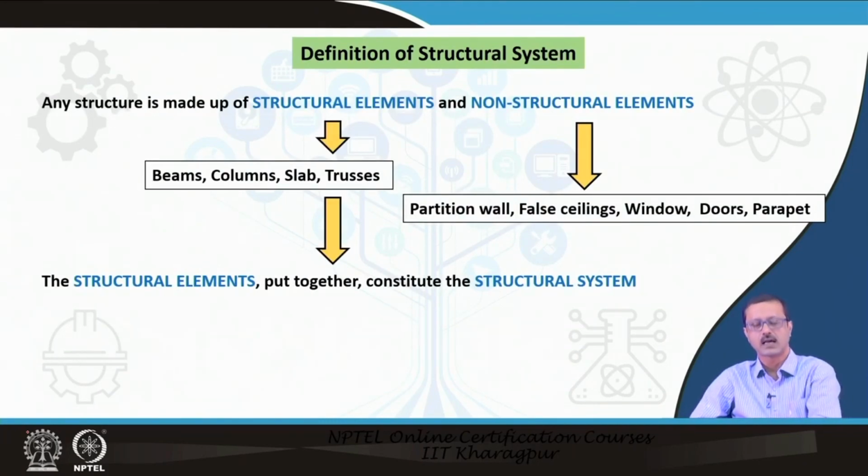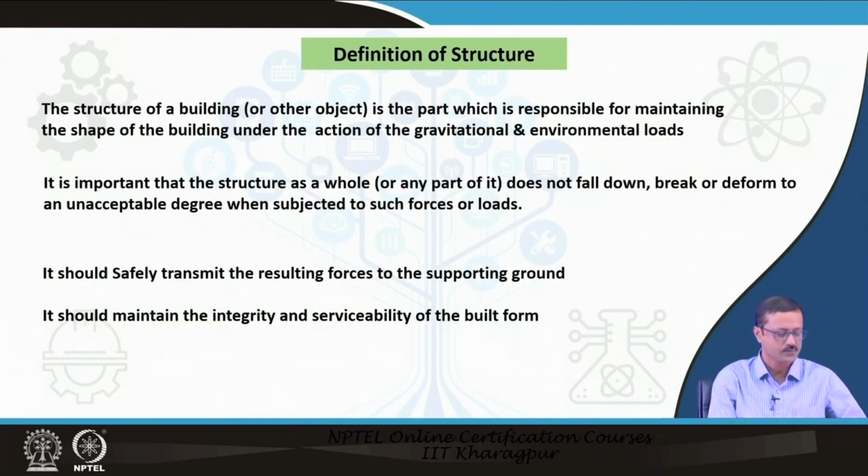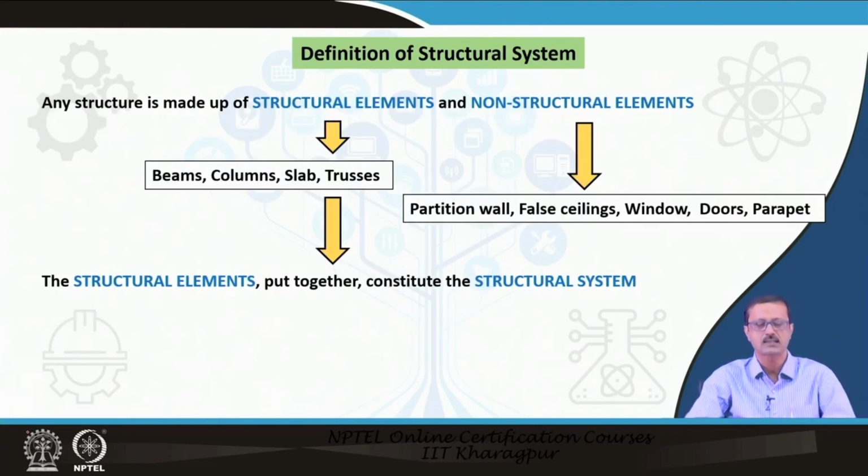Now that I have completed the definition of the structure, what is the definition of the structural system? There is a fine difference between a structure and the structural system. Any structure is comprised of structural elements and non-structural elements.